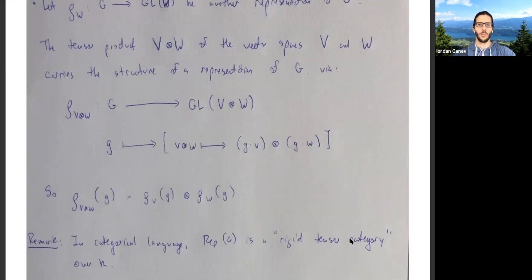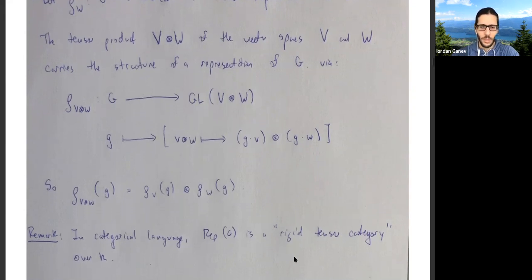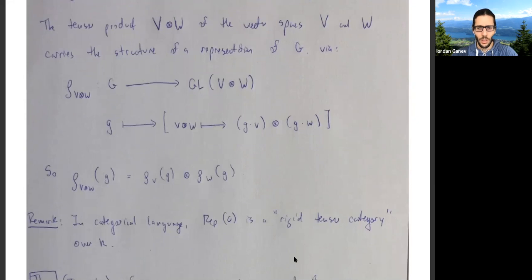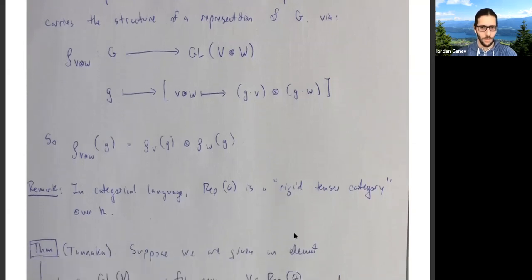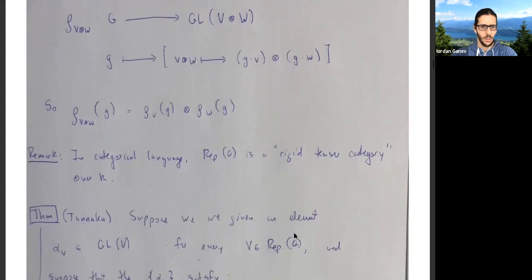Tensor means that there's a tensor product construction in the category. It's also called a monoidal category, monoidal structure, and rigid means that everything has a dual in a certain sense. But don't worry about the terminology if you're not so familiar with it. I just wanted to point it out to those of you who've heard about these things before. Okay, so that's kind of the setup.